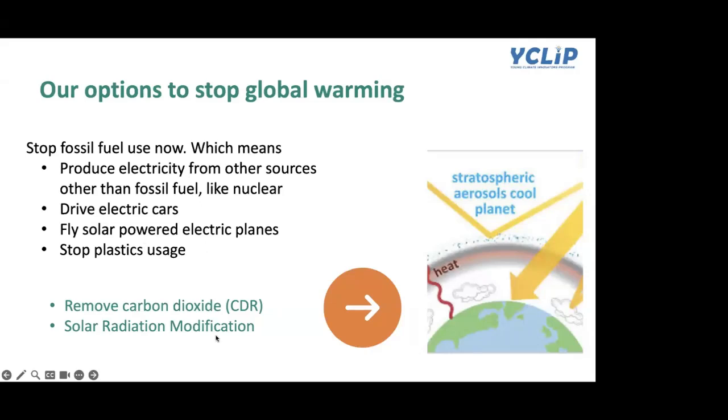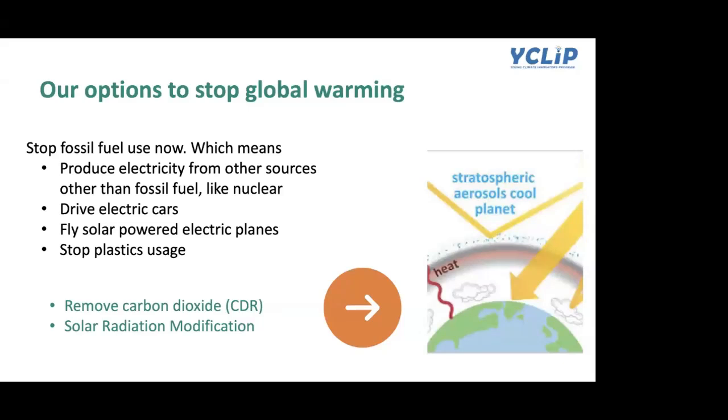Other ways which you can explore, although new and with a lot of ethical issues and unanswered questions around it, is what we say carbon dioxide removal. There are techniques that scientists are coming up with to remove the carbon dioxide that exists in the atmosphere. The question of how much to remove and where are also there to answer.